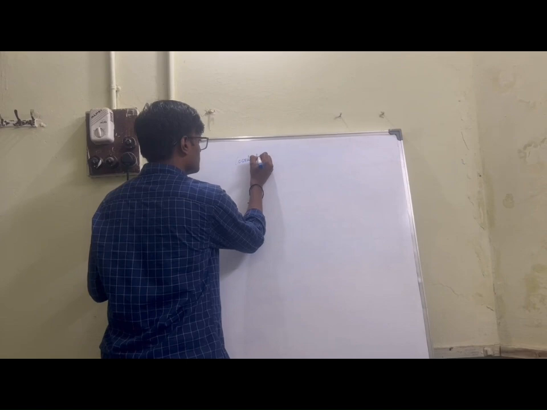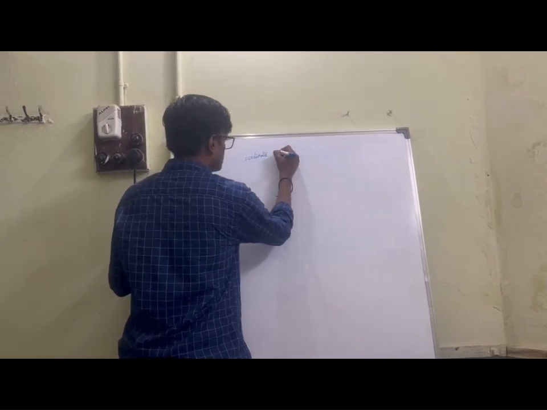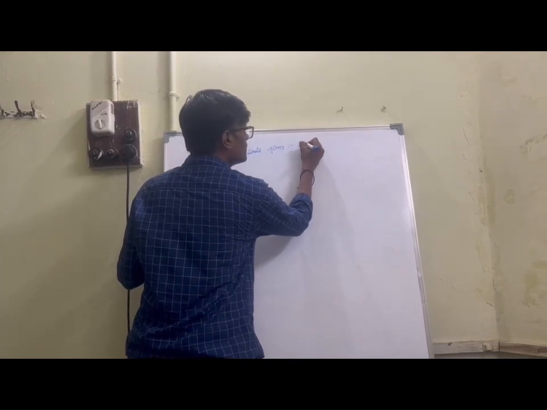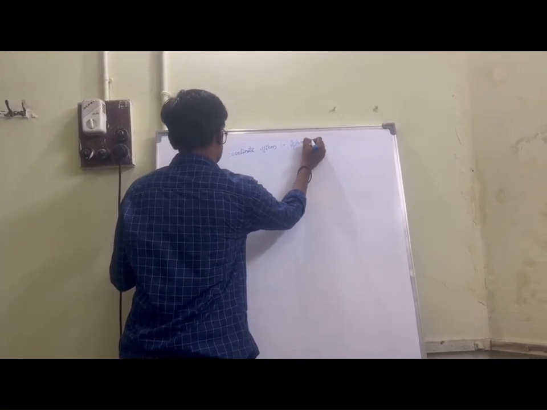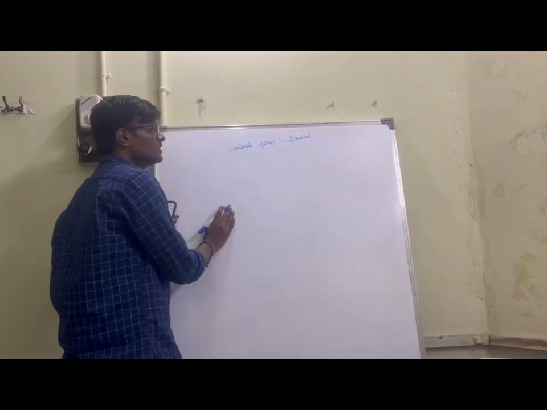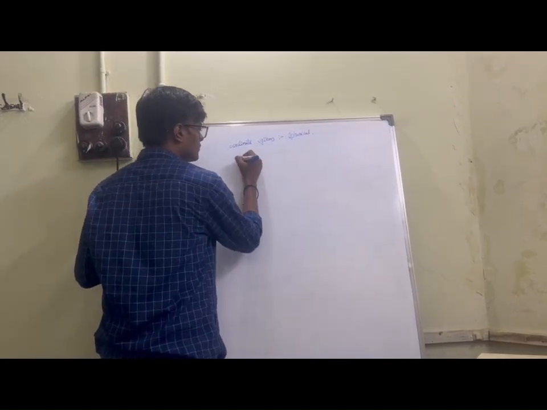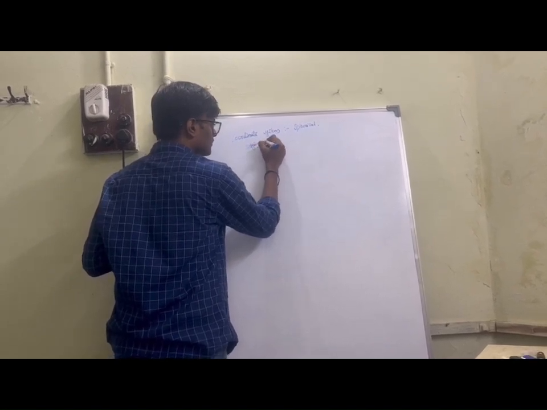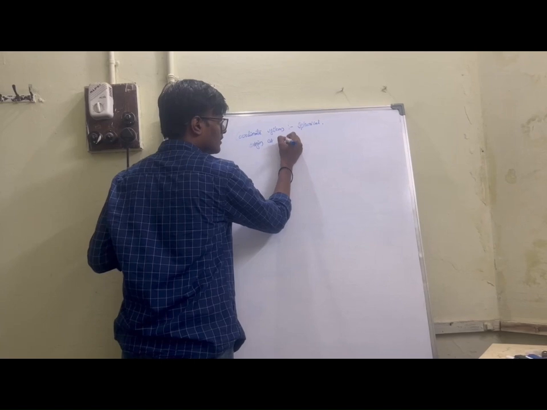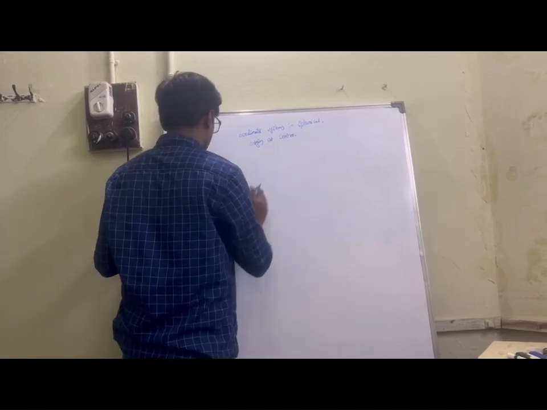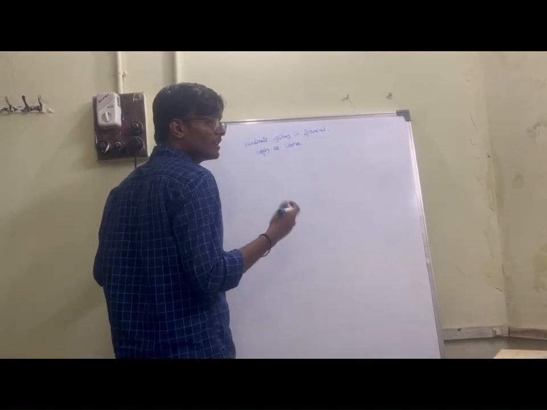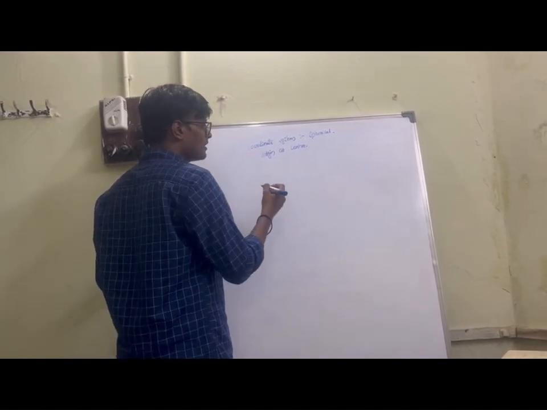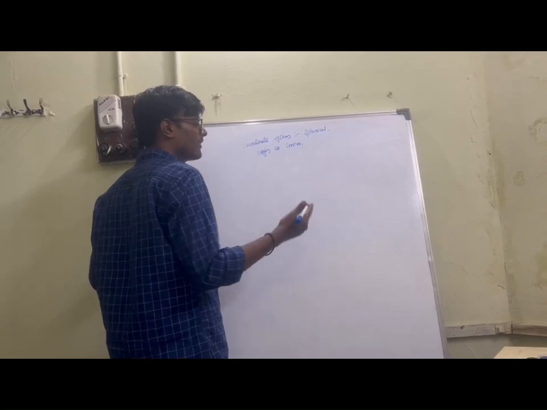The coordinate system is spherical, with the origin at the center. The temperature variation is with respect to R, and it is constant with theta and phi.